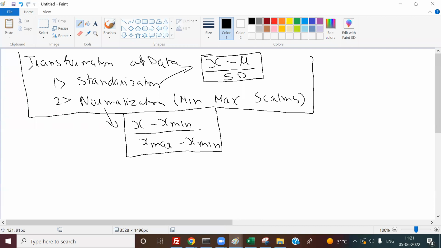So what does transformation mean? And there can be another type of transformation, that is log transformation. Another type of transformation, log transformation.